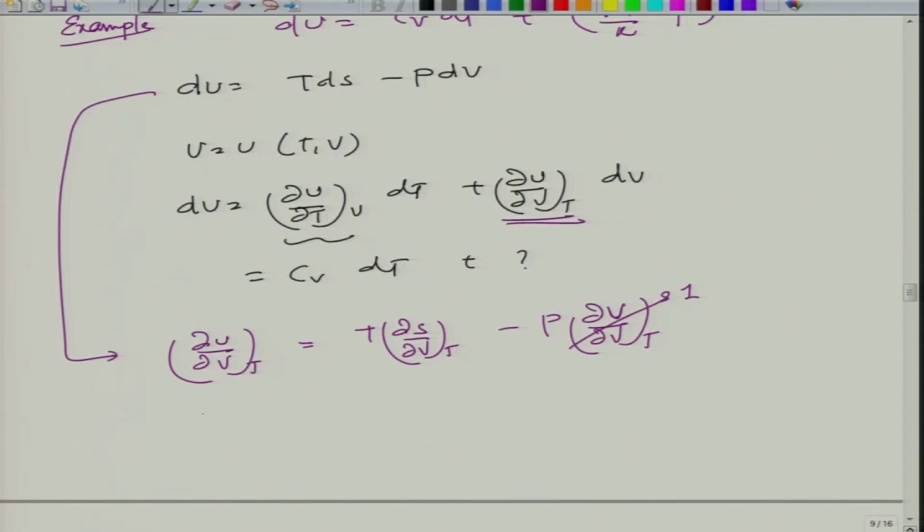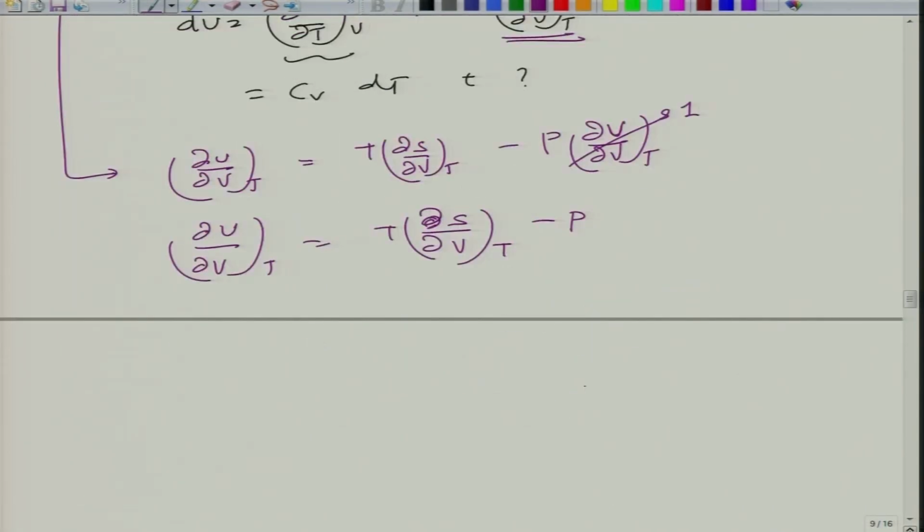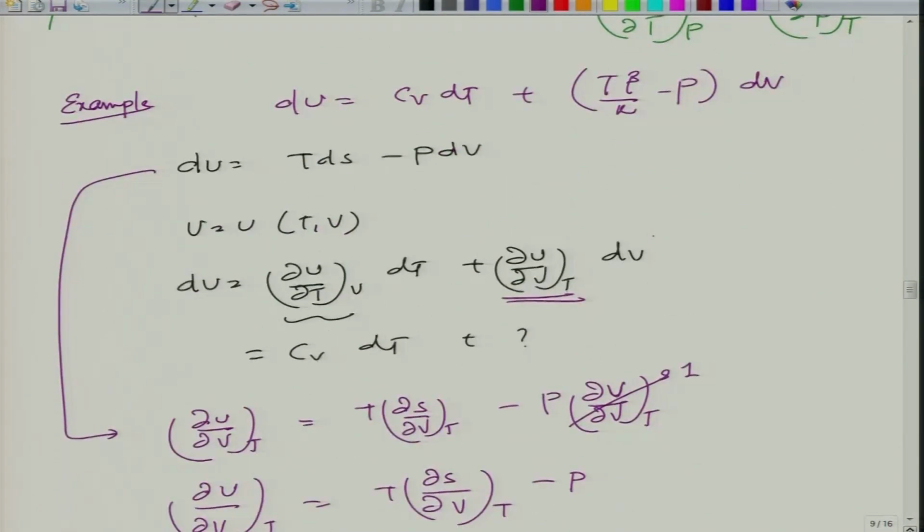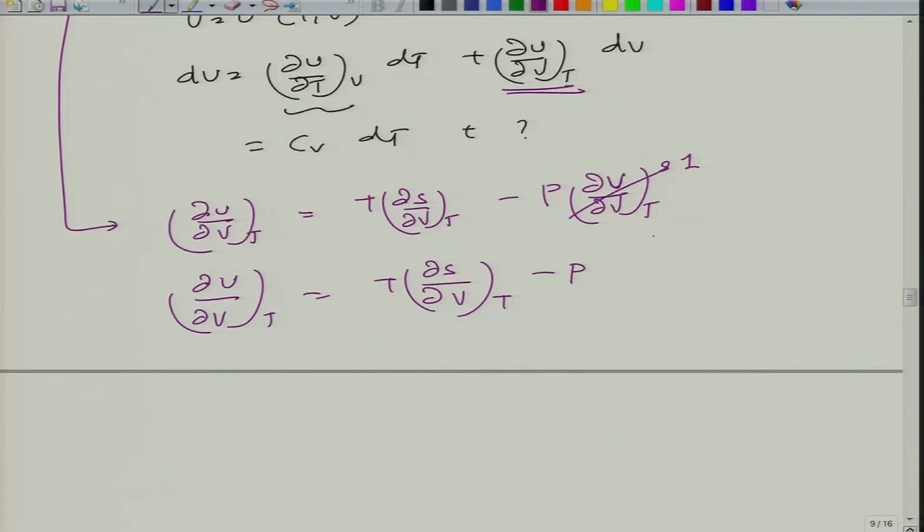So, what we have is (∂U/∂V) at constant T equal to T (∂S/∂V) at constant T minus P. Again we have an expression which is just a derivative of S with respect to V, and we would like to write it in terms of something we can evaluate experimentally. That is why this term comes from this exercise. So, we can now try to make use of the Maxwell relation.